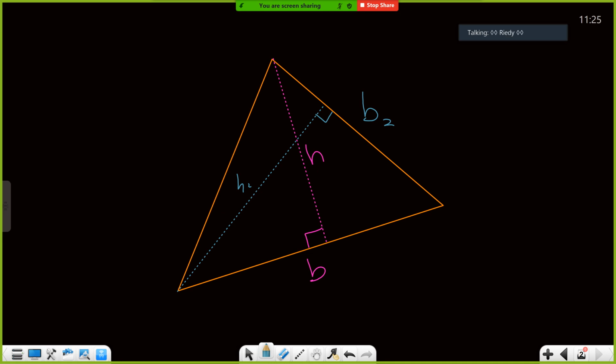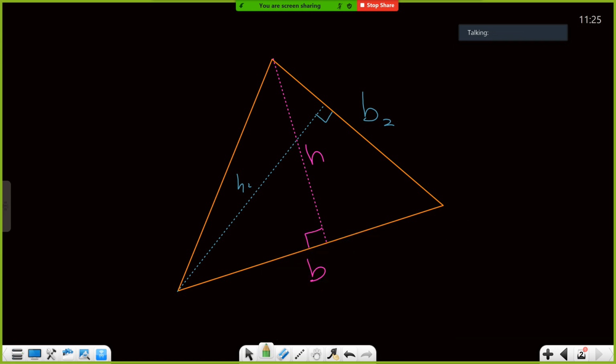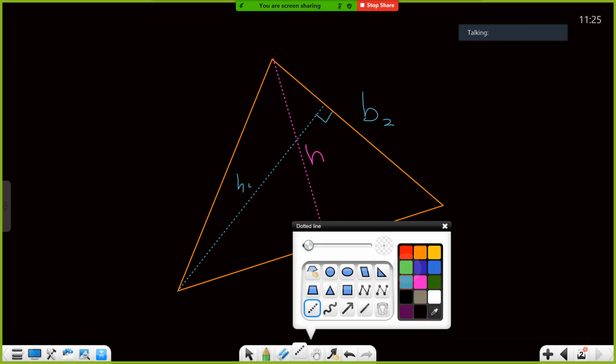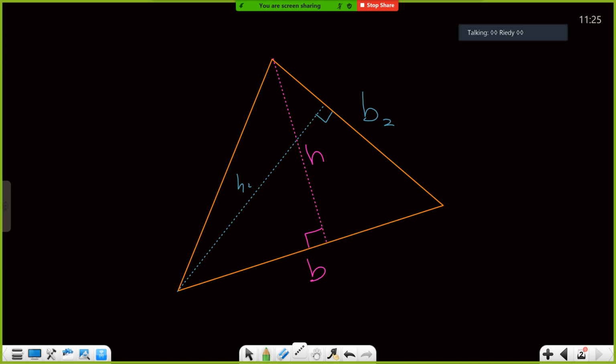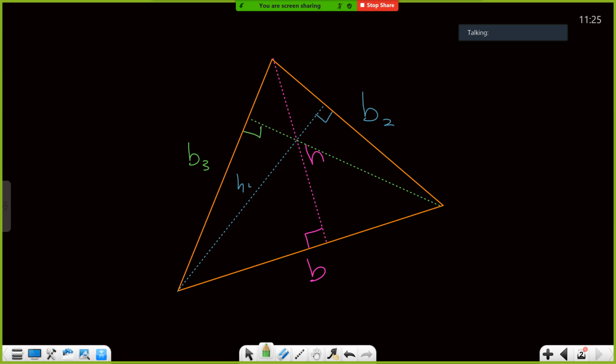Okay. Then the third way, in a lovely shade of green, and I'm sure that many of you are good at pattern recognition, this would be the third base, and then my height would be this, H3. Okay.